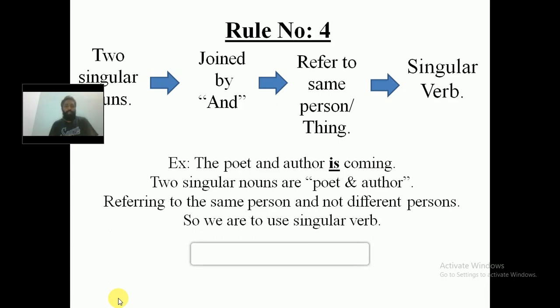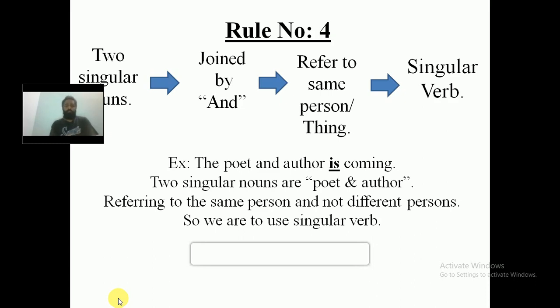So the poet and author, these two nouns are referring to the same person, not to two different persons, so we are using the singular verb.